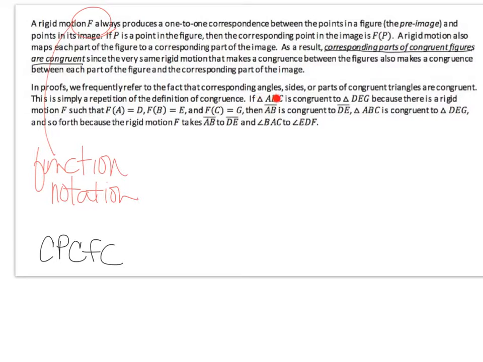Triangle ABC is congruent to triangle DEF because there is a rigid motion F such that F of A equals D, F of B equals E, and F of C equals G. Let's just draw that. We said A, B, C. Say there's some rigid motion.